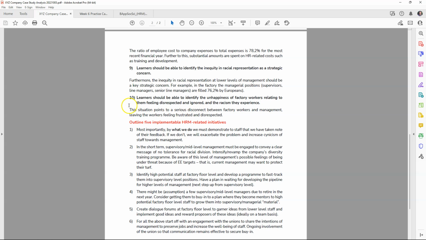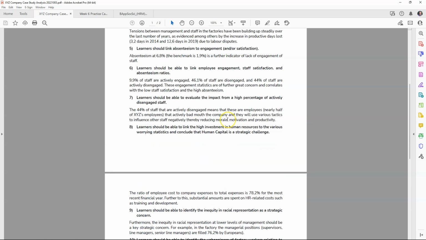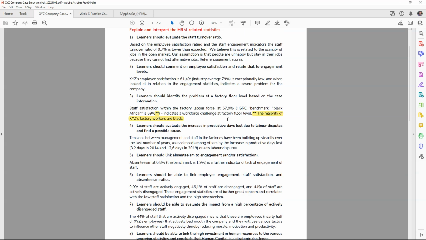So, you could make the connection or come to the conclusion that the situation, among others, points to a serious disconnect between factory workers and management, leaving the workers feeling frustrated and disrespected because they don't have the power. Their power would be in the absenteeism, the absenteeism ratio, and that sort of problem.